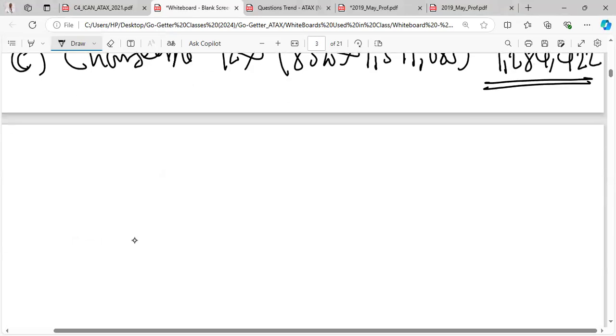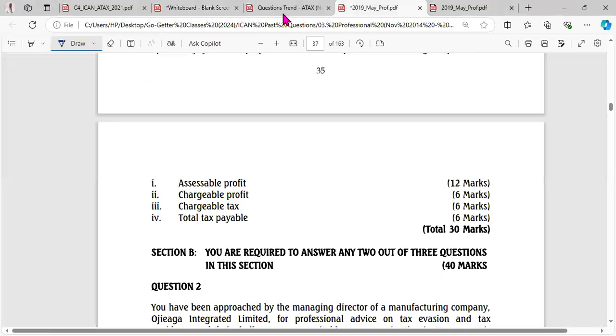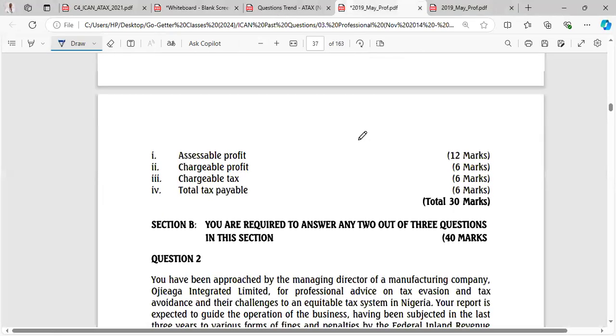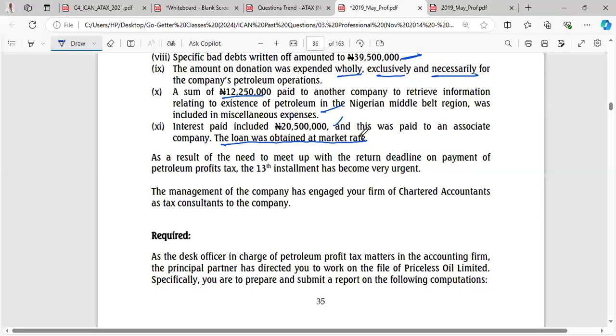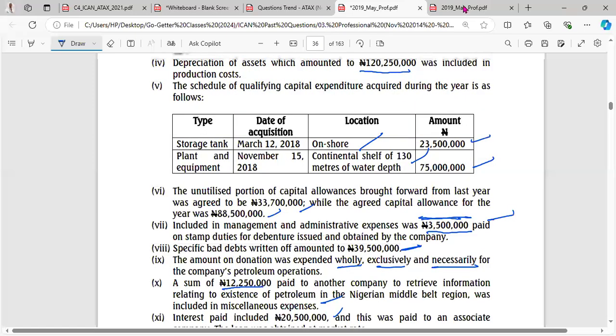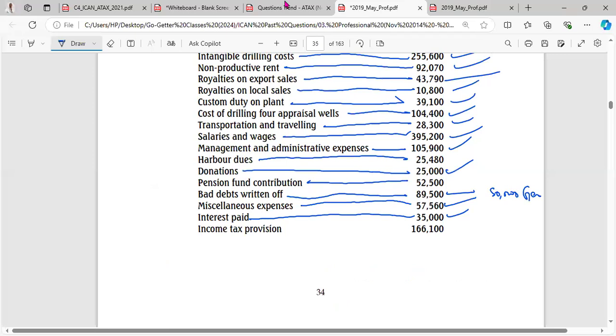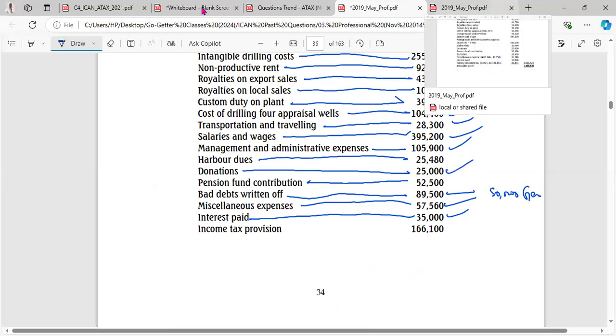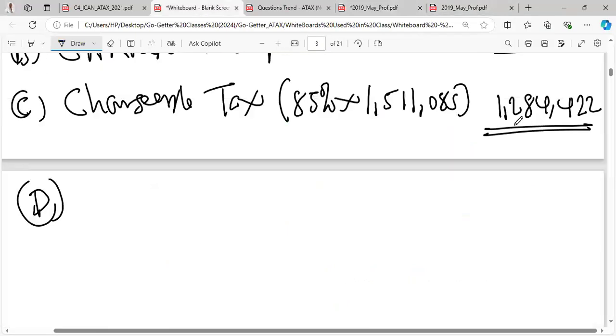Then the D part of your question, what is it asking you? Total tax payable. Of course, you're going to be paying. If you look at your provision, you are providing 166,100, right? Meanwhile, your tax is one.